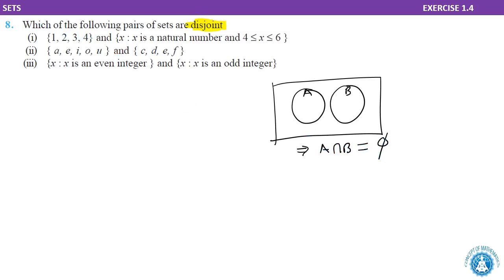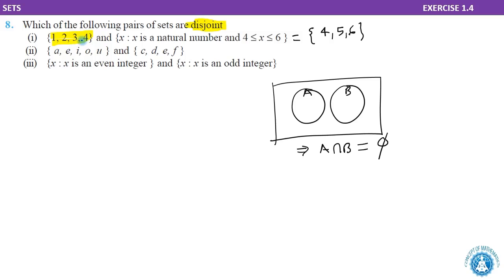The first pair is given with elements 1, 2, 3, 4, and the second is given in set builder form, the set of all x such that x is a natural number from 4 to 6. We can write it as 4, 5 and 6.